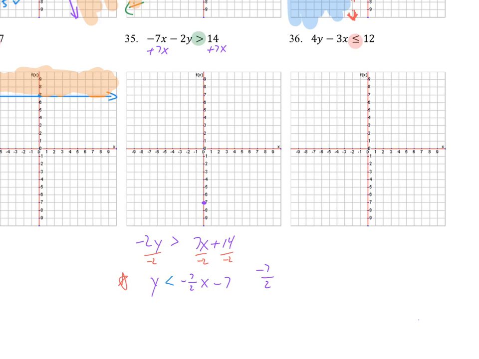So I could flip that and say, well, that's positive 7 over negative 2, which means go up 7 and then left 2. So there's my first point. If I go up 7 again and then left 2 again, I get another point here.